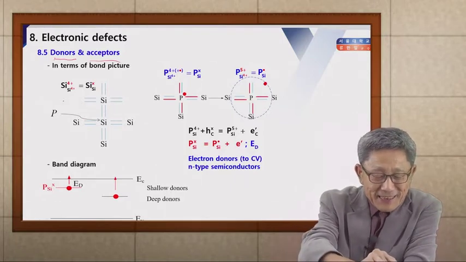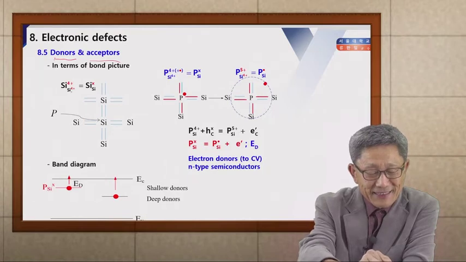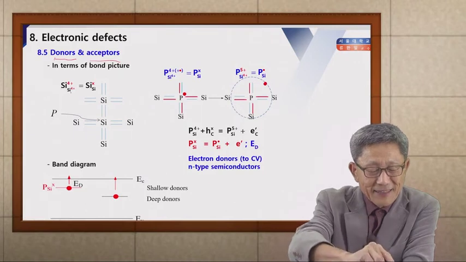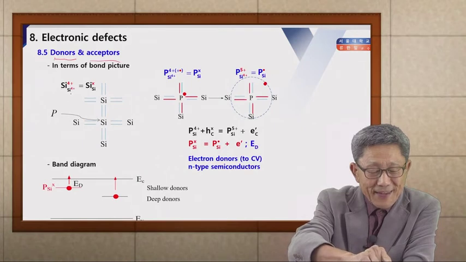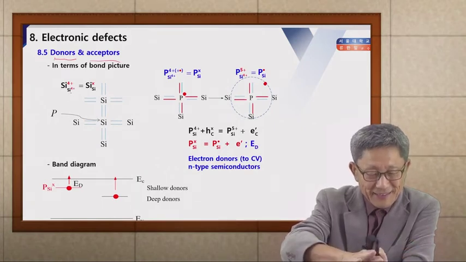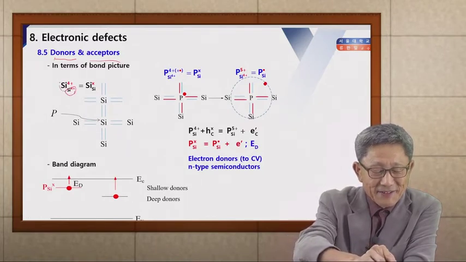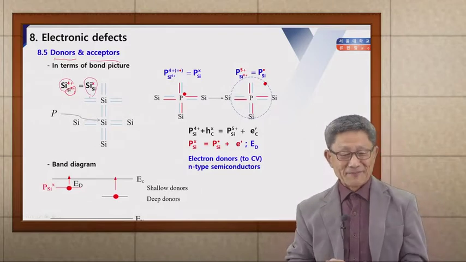So in terms of the defect, silicon is now sitting on the silicon site. If the crystal is ideal, then the silicon site should be the place where a positive charge of 4 units is located, right? And then tetravalent silicon is sitting there. Therefore, its effective charge is 0. So this is pure silicon.